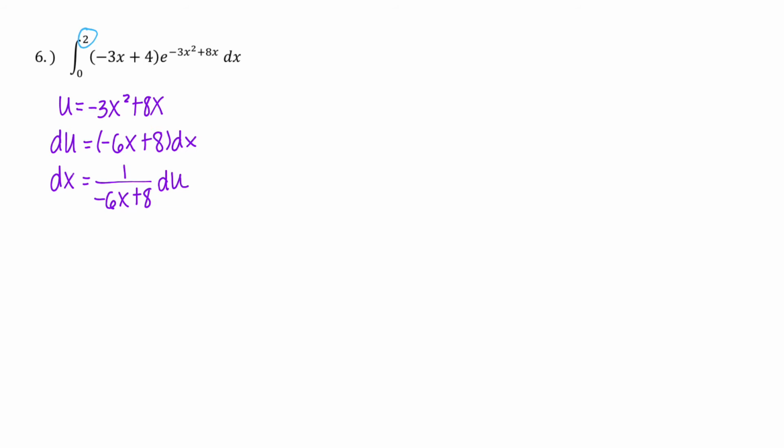Our upper bound was 2, so x was 2. So if we plug x into this u formula, we have negative 3 times 2 squared plus 8 times 2. That'll be negative 12 plus 16. That'll be 2.